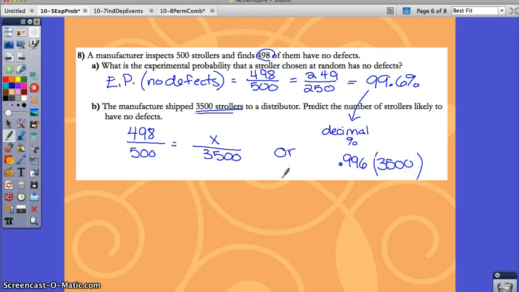I would write them both down now on your notes just so you remember you have those options, but your teachers will accept both of those. Go ahead and use your calculator to do your proportion or your equation, and your answer is 3,486 strollers with no defects. Make sure you put a label on there because we do want to know what we were solving for.